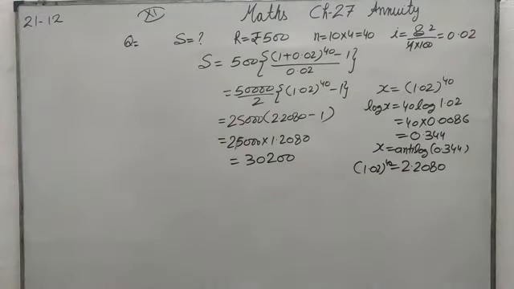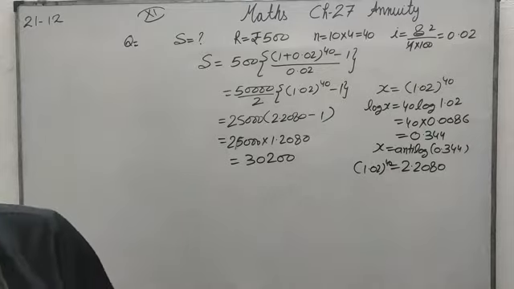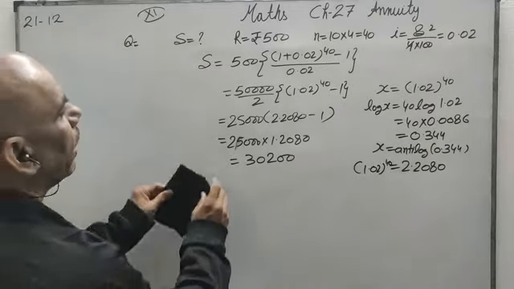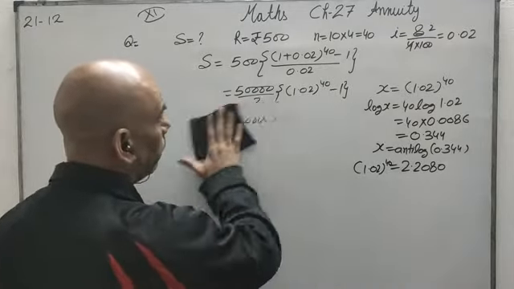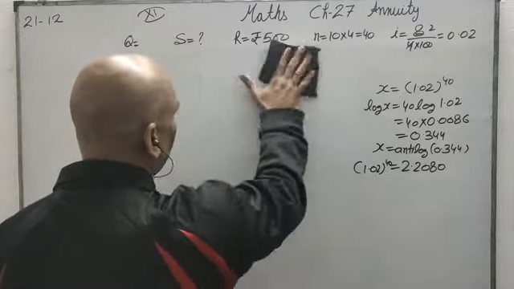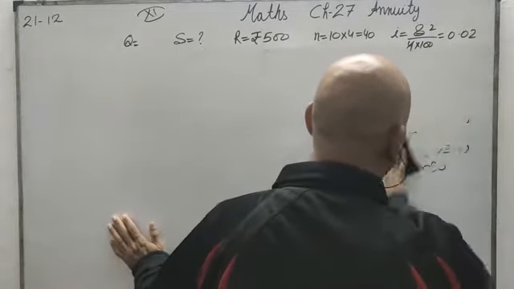So in case of monthly, what will happen? We will multiply the time by 12 and divide the rate by 12. Let us see a question of monthly. Question number 7 we are going to do. Find the amount of an annuity if the payment of rupees 200 is made at the end of every month for 3 years at the rate of 15% compounded monthly. So monthly means we will have to multiply the time by 12, and we will have to divide the rate by 12.